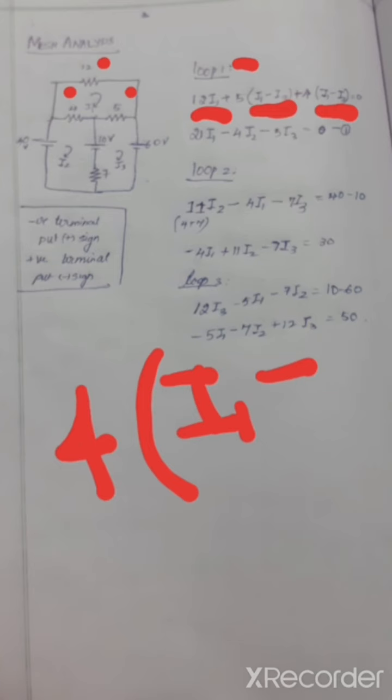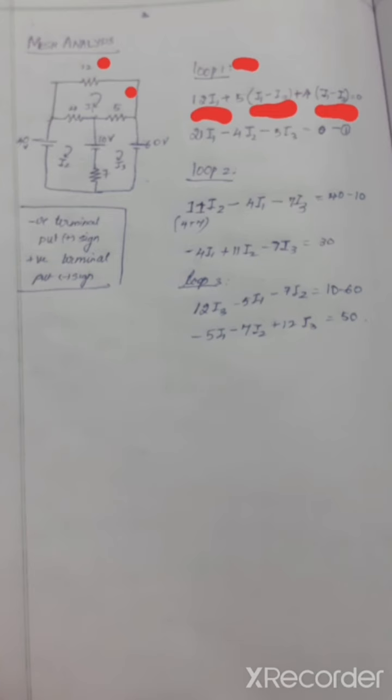So you multiply the resistance and current on the left hand side, and the right hand side of the equation contains the voltage value.